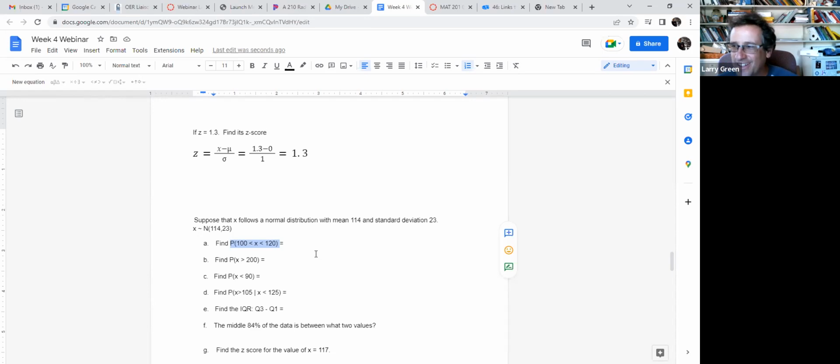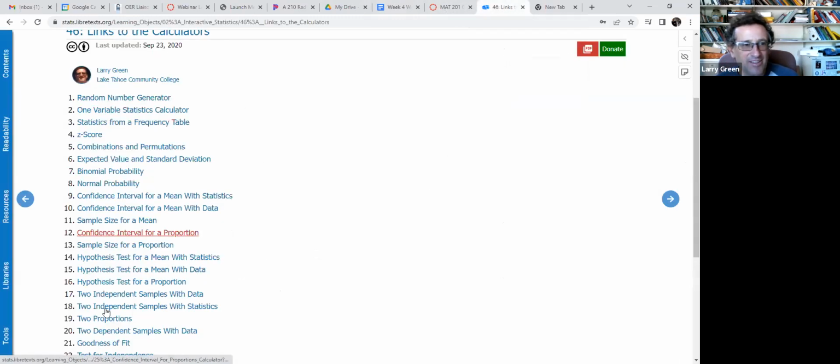Any guess? Yeah, the good news is you use a calculator. And I tried to make it pretty easy to use. So I'm going to go to the calculator. Any guess on what calculator we're going to use? The hint is that I've made this so it's in the order of which we do things in class. So where are we?